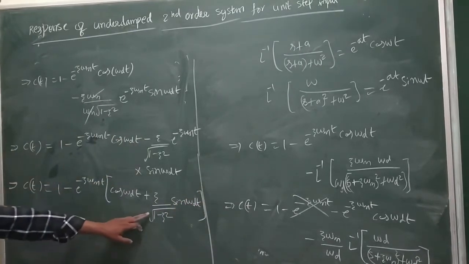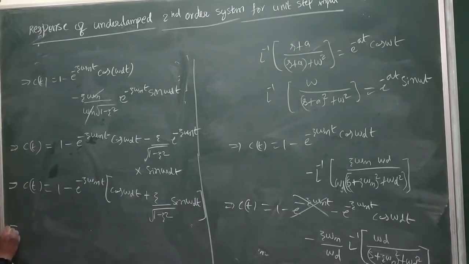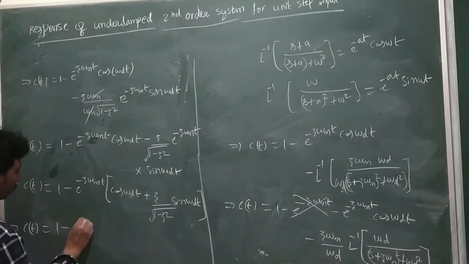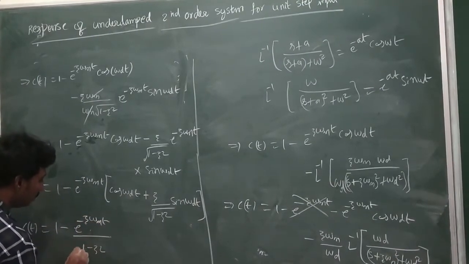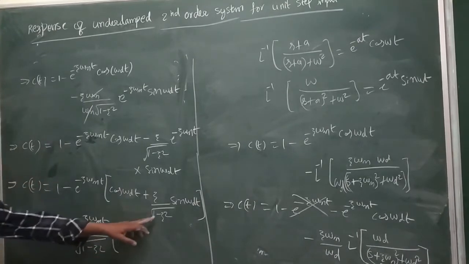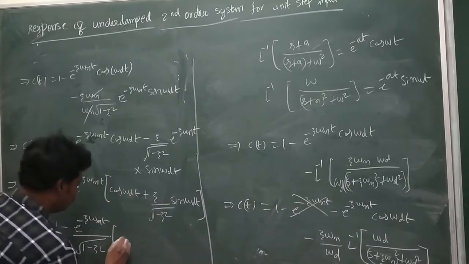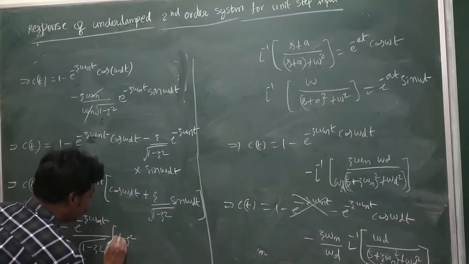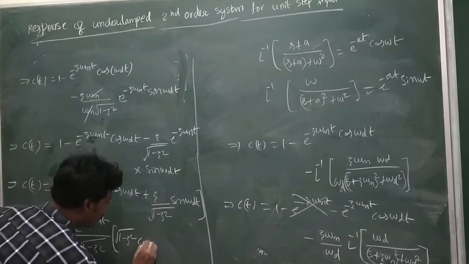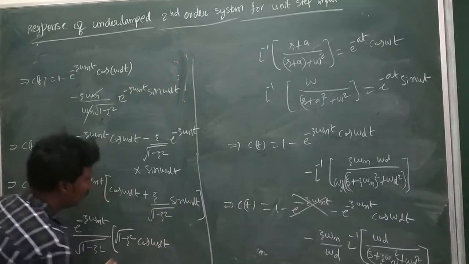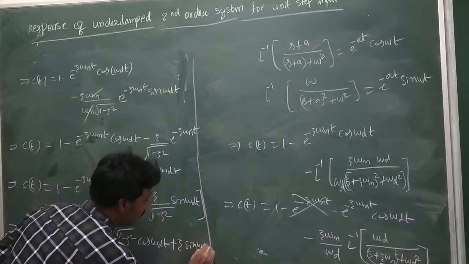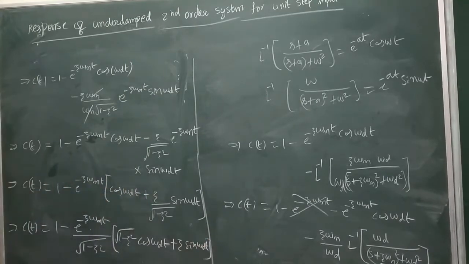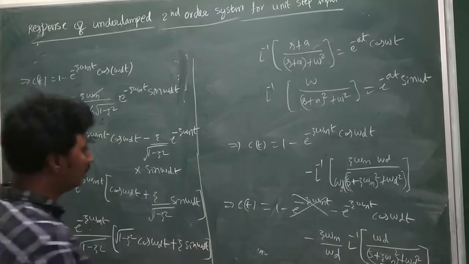Now we just cross multiply it. After you cross multiply, you will get 1 minus zeta square cos omega d t plus zeta sin omega d t, right? You have two equations here.